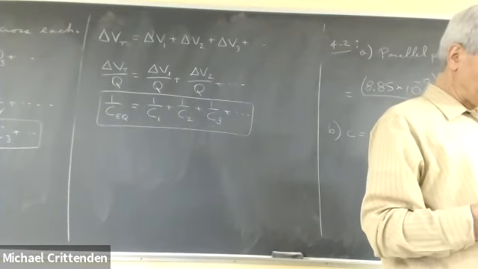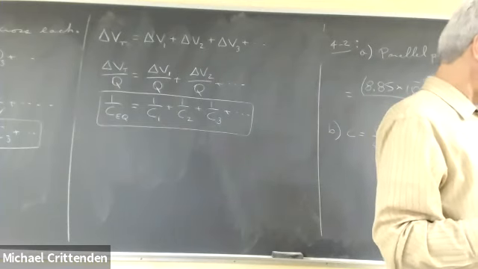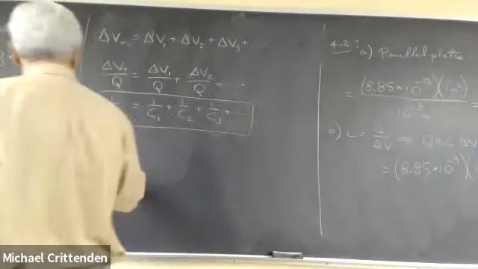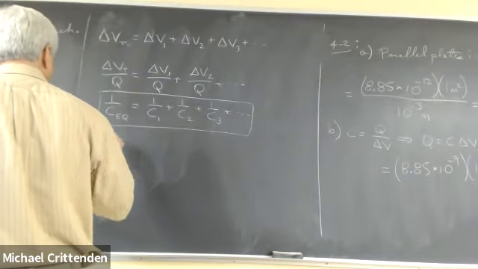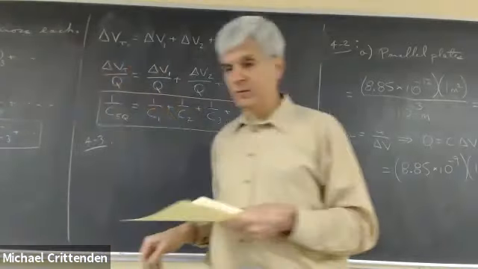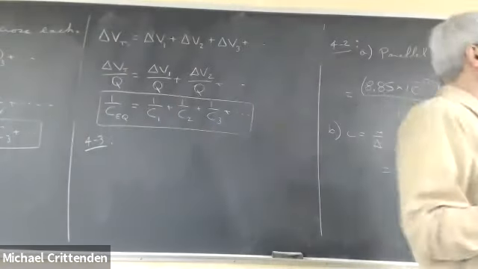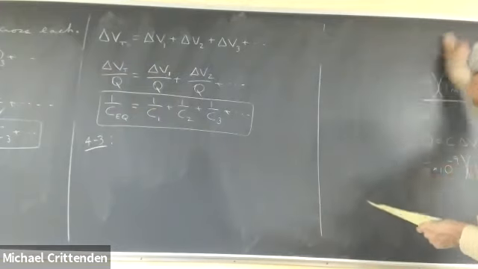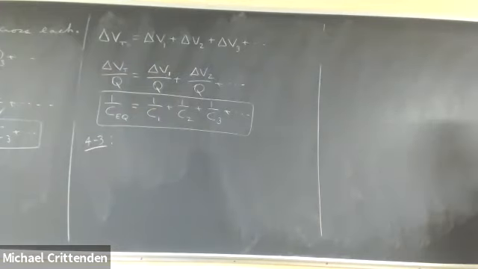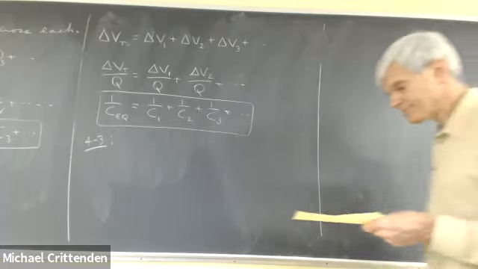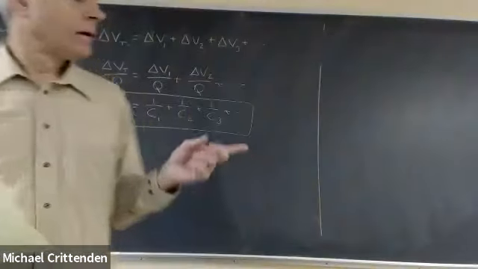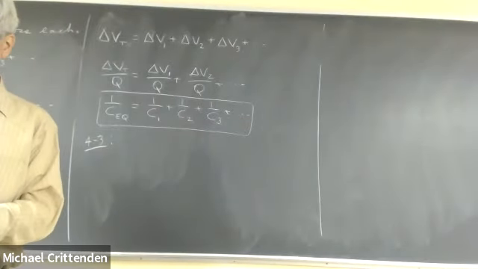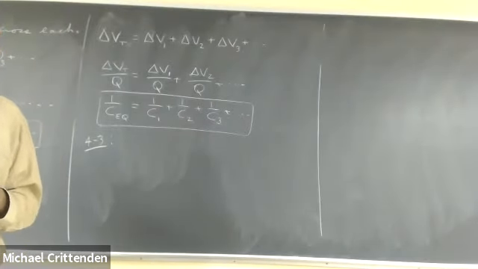Well, for something a little more elaborate, we have example number 3. I think I managed to get something even more elaborate than that in the homework. This is unlike just talking about a pair of 5 microfarad capacitors.